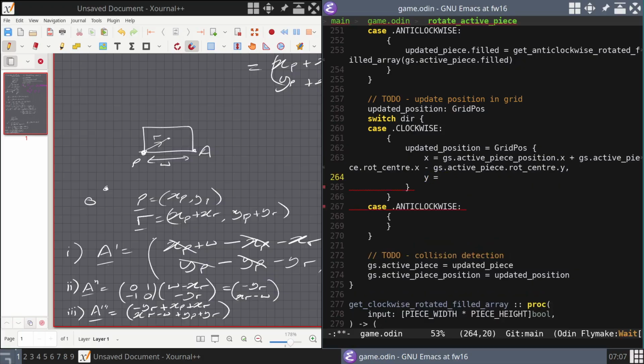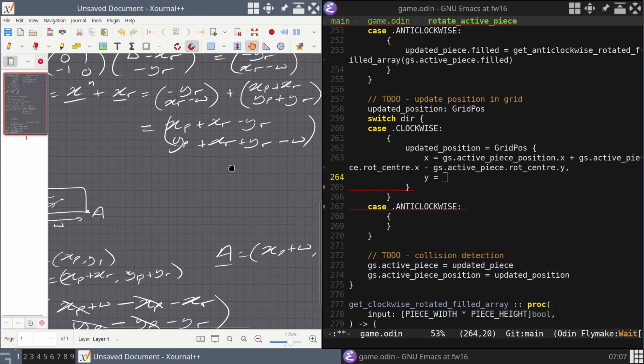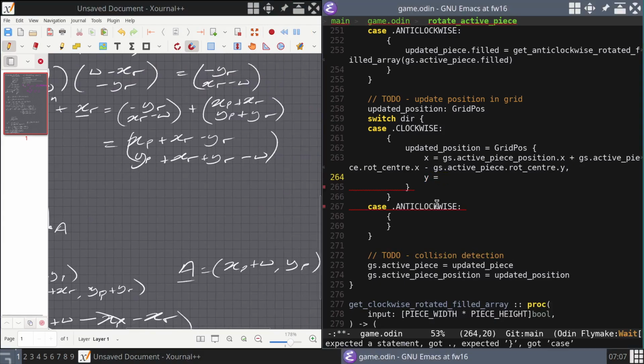and y should be equal to, make sure I'm looking at the right thing, so that was XP plus XR minus YR.